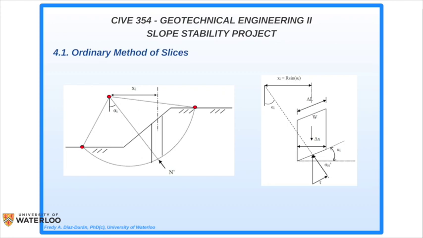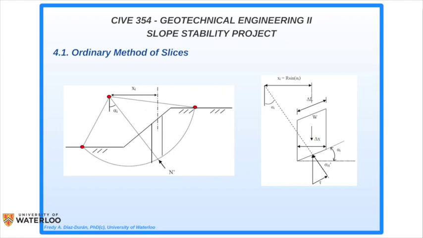So the idea is basically that you assume a failure surface, and you divide that surface in slices, and then you analyze the forces acting on that slice. Keep in mind that these methods are not 100% accurate, meaning that some of them are using equilibrium of moments, but not equilibrium of forces.